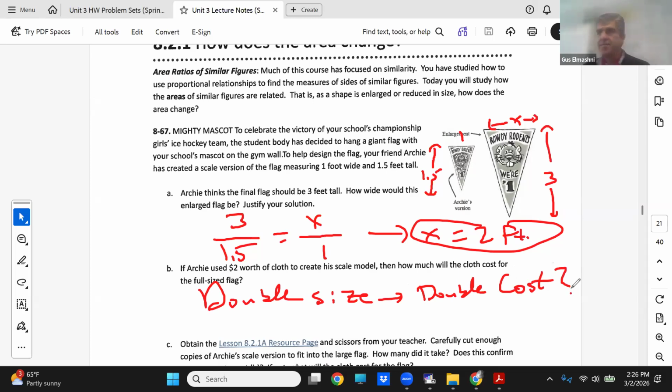Or not right? Do we double the cost, or do something else? Not double. What should it be?